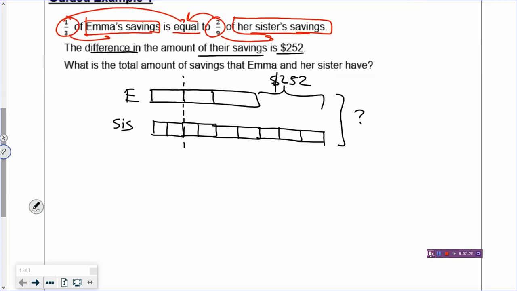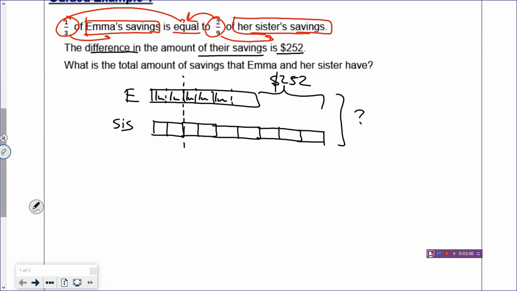So 1 big box is equal to 2 smaller boxes, so you have to cut it to make them all look the same. That's model drawing: when you have boxes of different sizes, we try to make them all look the same. Now every box is 1 unit.